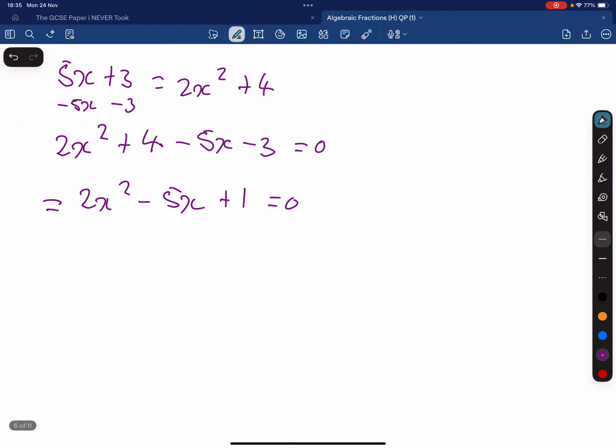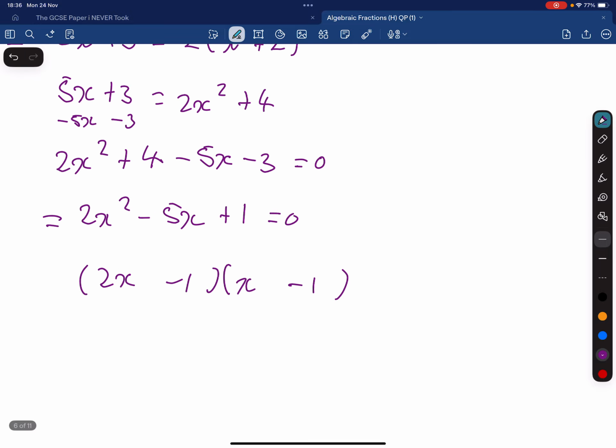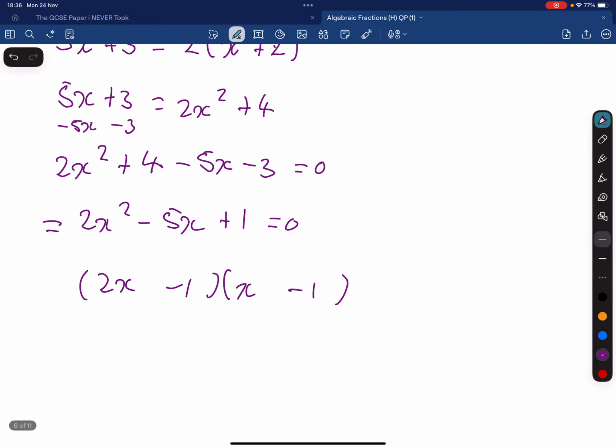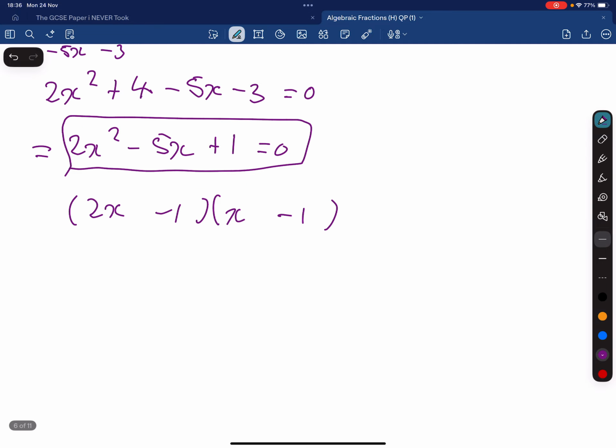Next step is to factorize this. So we have (2x, x). There's only one way to make minus 5 and plus 1, so that would be minus 1 on both sides. If you were to expand that, it would simplify to this quadratic, which is equal to 0.